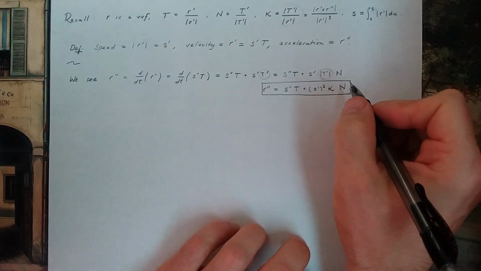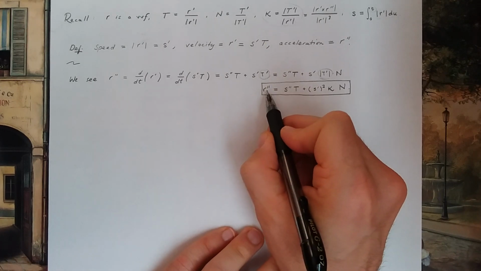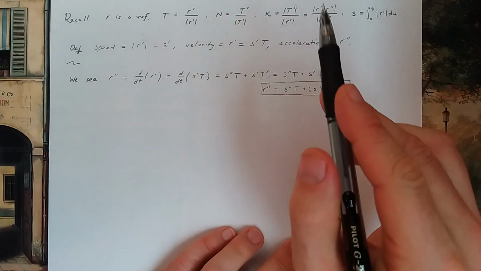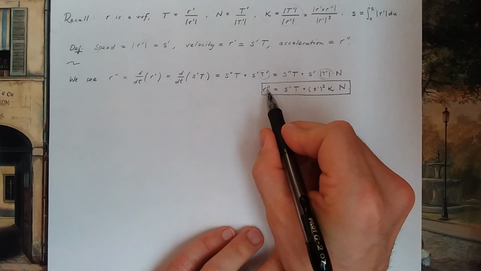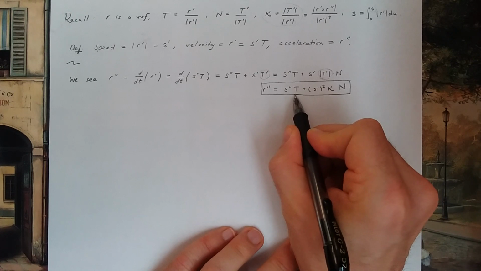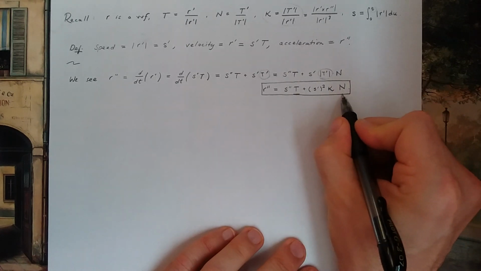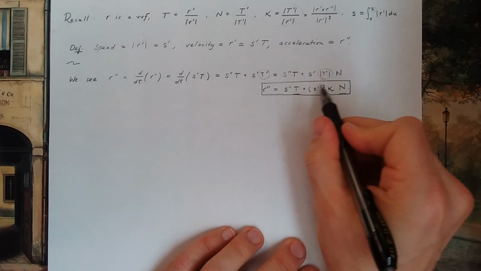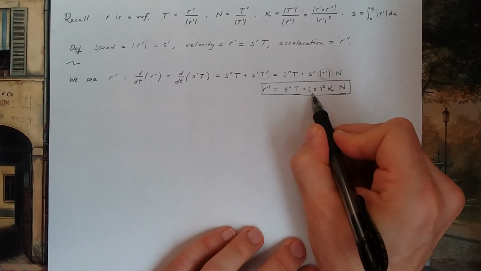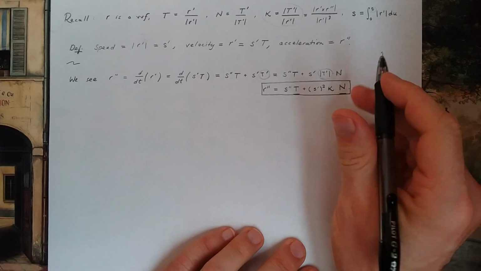This is somewhat interesting. It says that the acceleration, even if I'm in R3, so three-dimensional curve, is always a combination of the t and the n vectors. So in this expression, t and n are vectors, and the terms in front of t and n are not vectors.